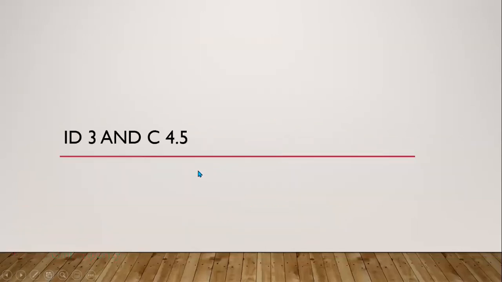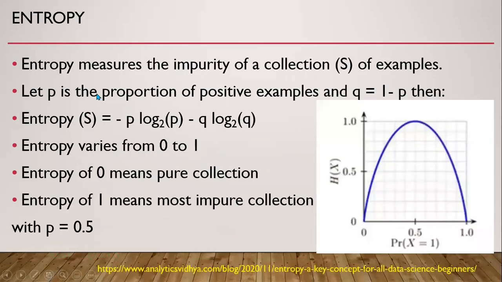Then we go to the ID3 and C4.5 algorithms. There is a slight difference in them. As we have seen, C4.5 uses gain ratio. So what is entropy? Entropy measures the impurity of a collection of examples. Let us say the collection set is X. Let P be the proportion of positive examples and Q equal to 1 minus P, that is the proportion of negative examples.